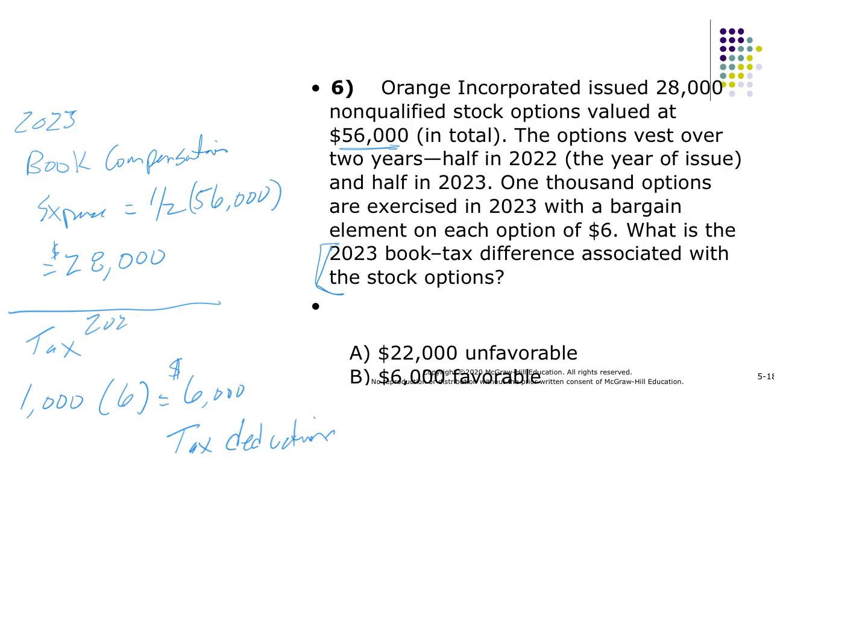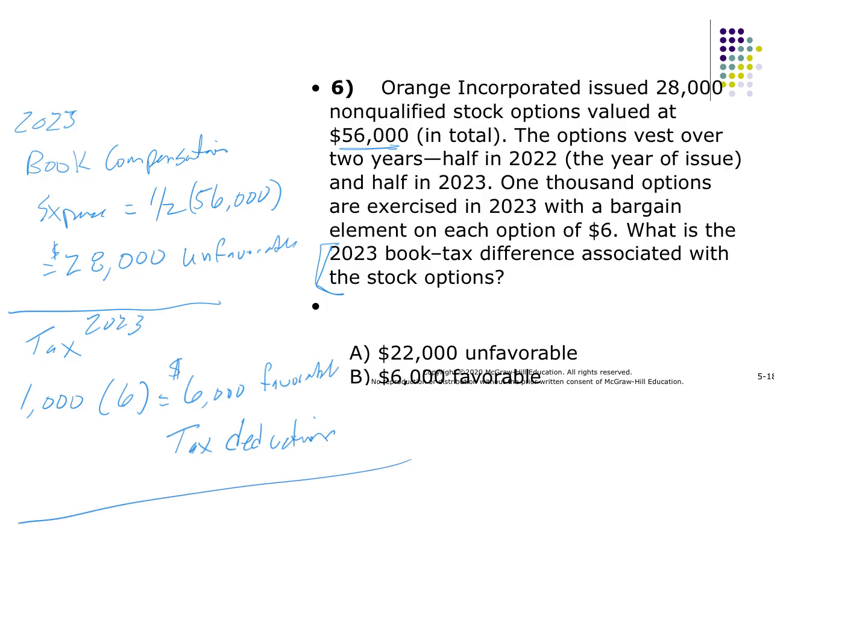All right, so is this 28,000 going to be a favorable or unfavorable situation, right? So this is unfavorable because that's a book deduction and not a tax deduction. This is favorable because it's a tax deduction and not a book deduction.